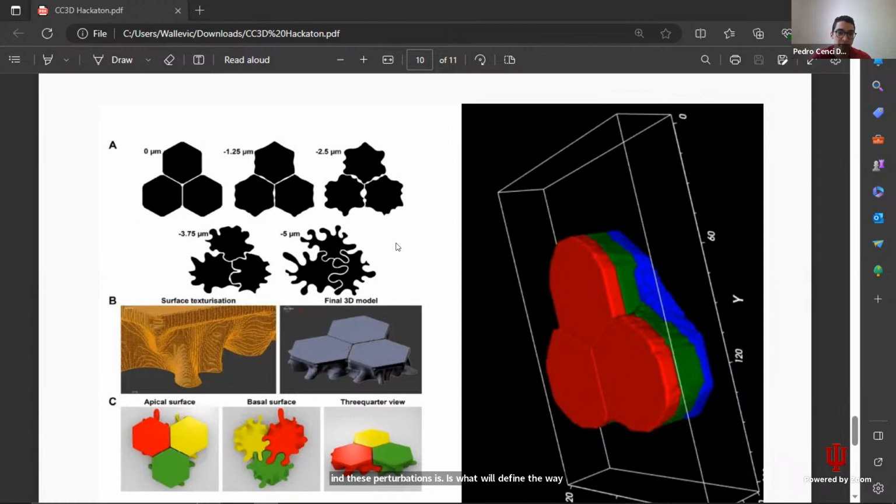So, for example, if they happen only by adhesion, or if they happen because you have actin fibers pushing the membrane, these are two completely different modeling schemes.